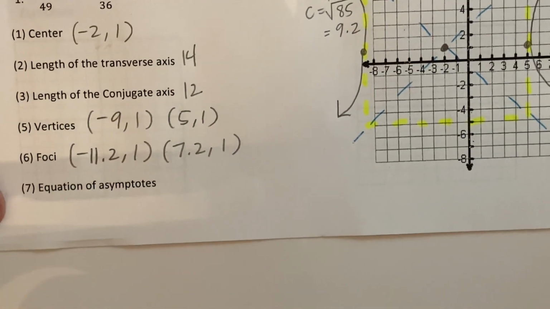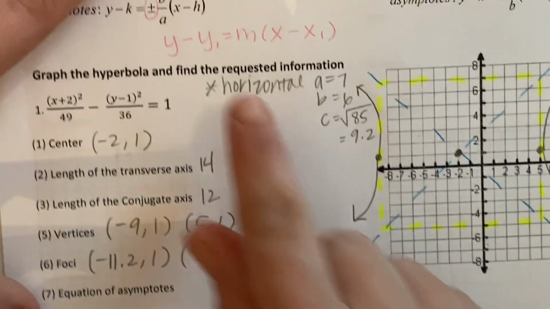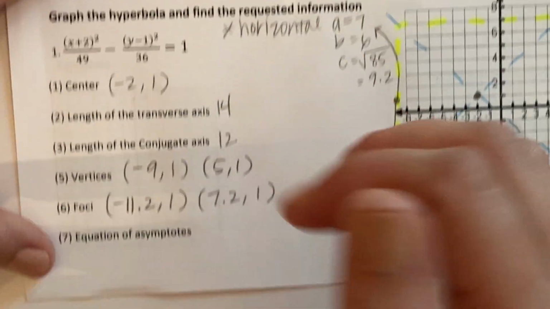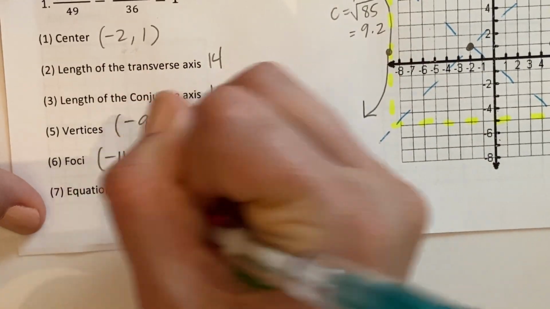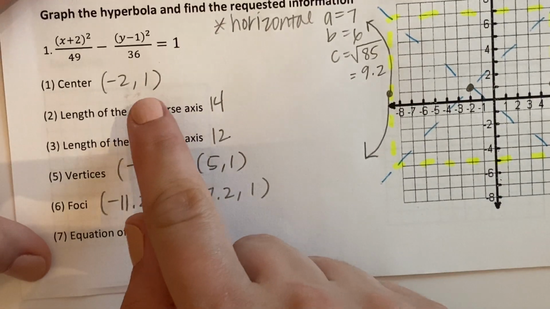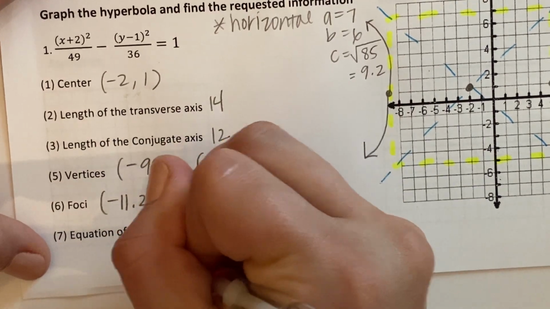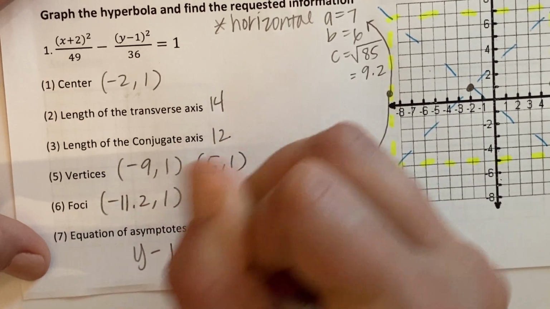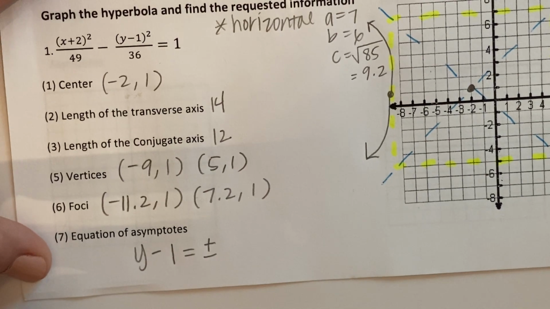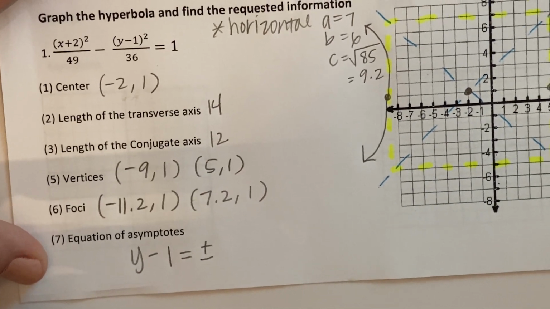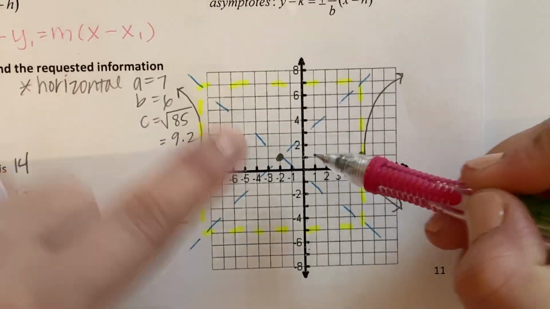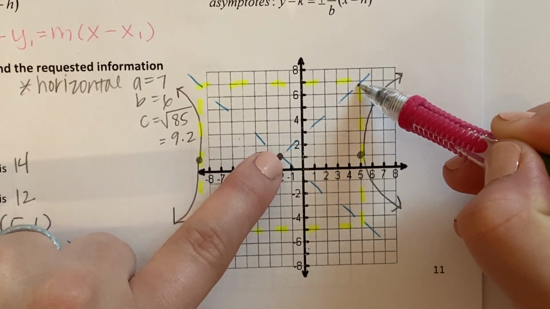The last thing we need to do is the equation of our asymptotes. So that's where we do the point slope equation. Y minus y1. We get this number from the center, so the y value is 1, equals plus or minus, because there are 2 asymptotes. M is the slope, so we're going to count the slope. So I'm going to go from the center to the corner to count this slope.